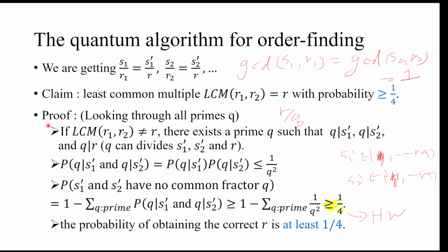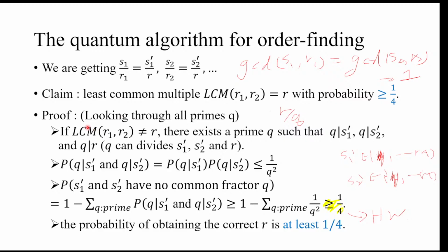Okay? So we look through all prime number Q, and okay, so I guess the first sentence is most important. So when do you not get the correct answer R? When you take the least common multiplier of R1 and R2.